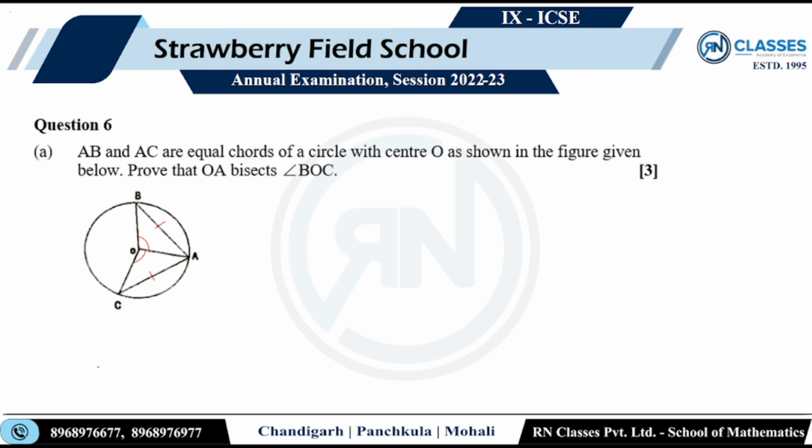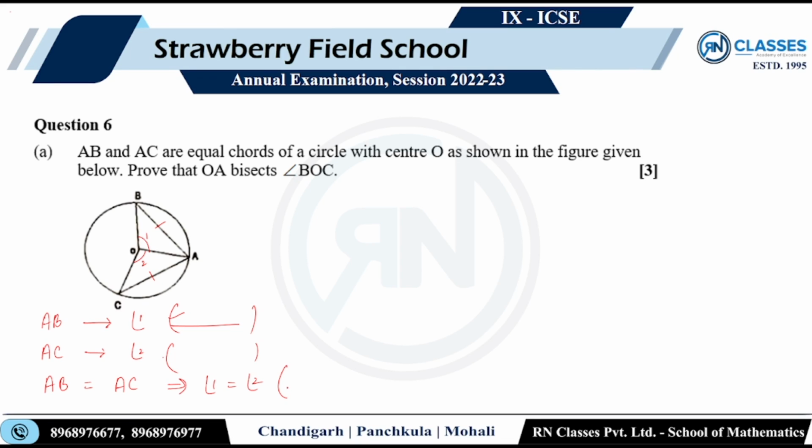Now, अगर आप कॉर्ड देखो AB, AB subtends angle 1 at the center. मैं मार्क कर देता हूं, angle 1 at the center, right? AC subtends angle 2 at the center. ये लिखना पड़ेगा, right? AB is equal to AC implies angle 1 is equal to angle 2.